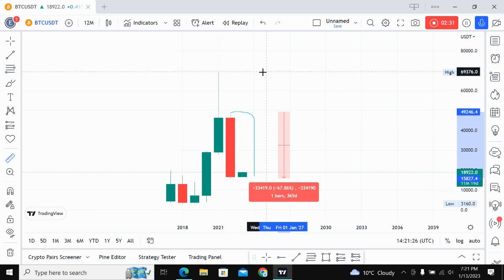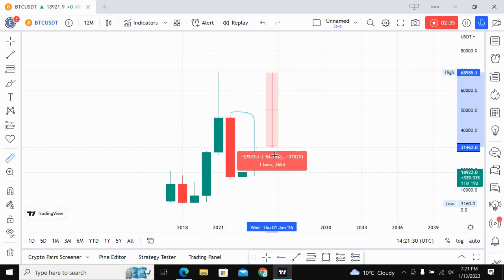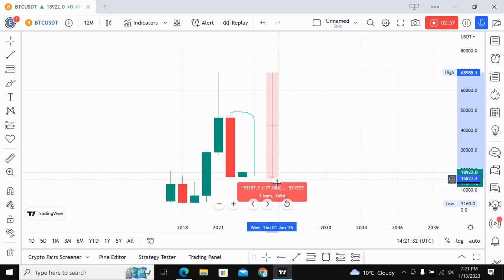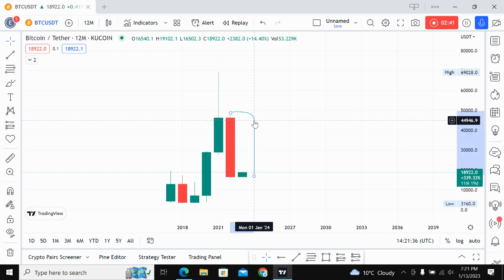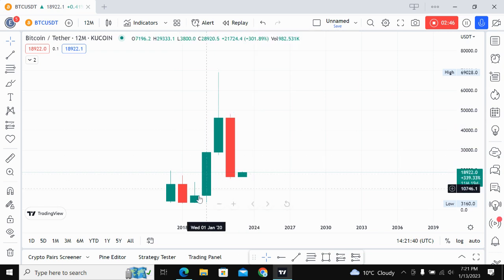And if you compare it from the all-time high, Bitcoin dropped around 77%, which is again insane. It has lost all of the value which it gained in 3 years, but still, people who invested in 2019 or 2020 are still in profit.